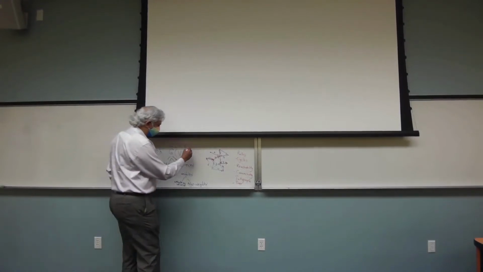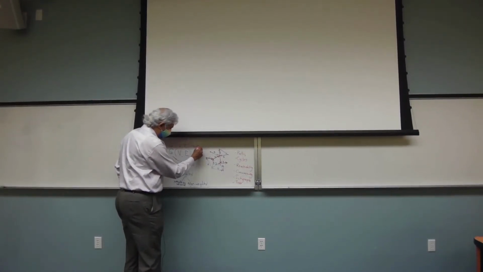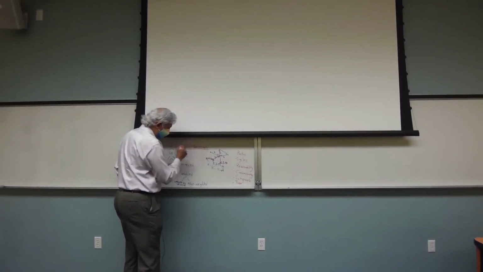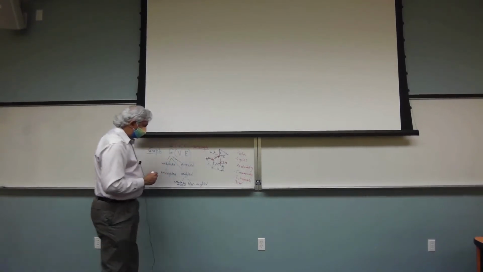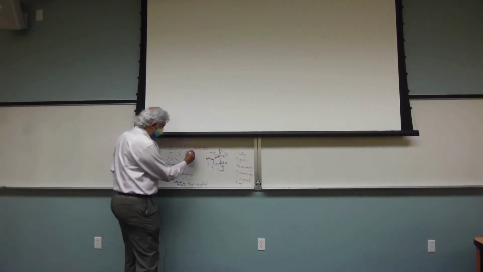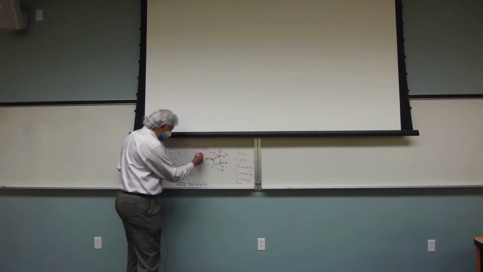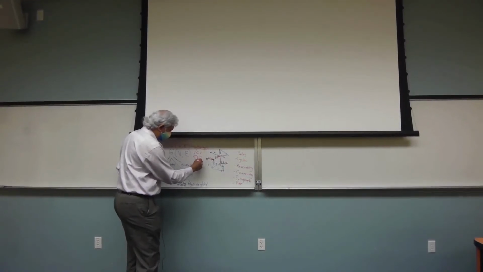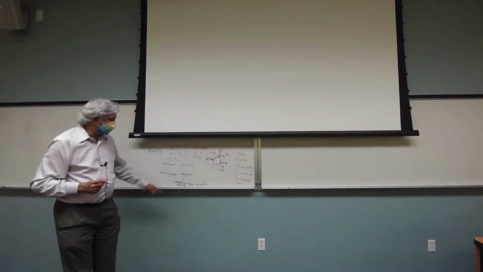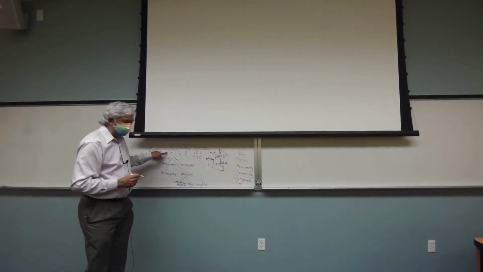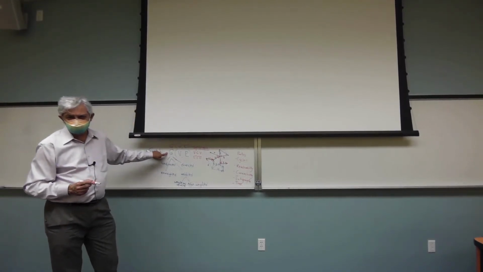Okay, so this is the concept of a subgraph. And in a subgraph, V prime is a subset of V, E prime is a subset of E. When this happens, you say that G prime is a subgraph of G.